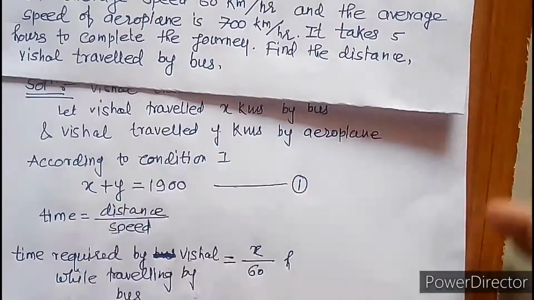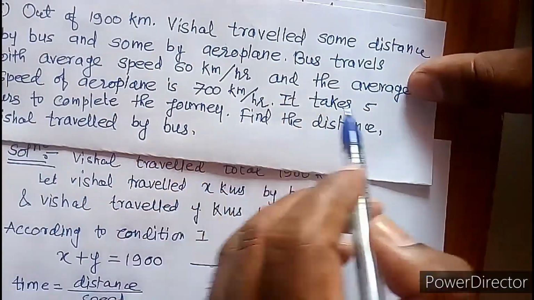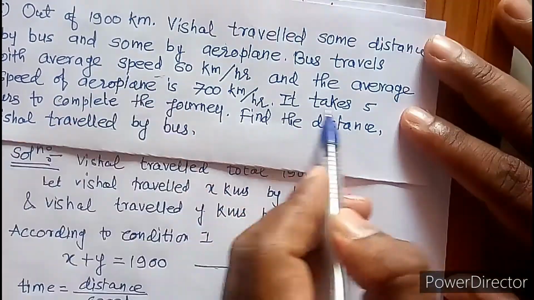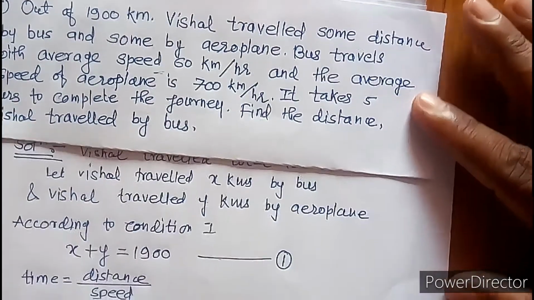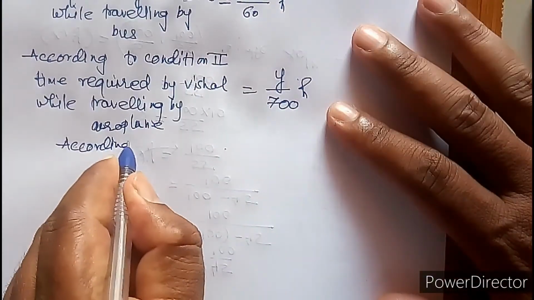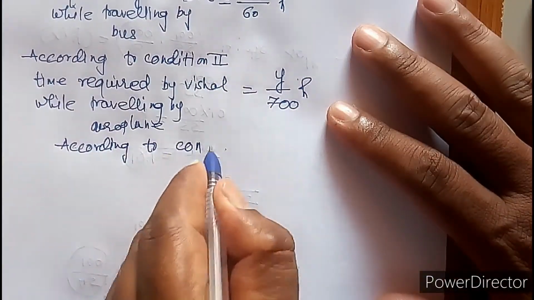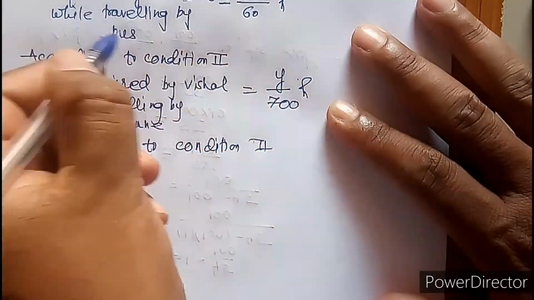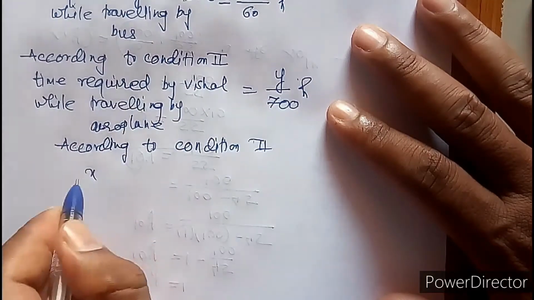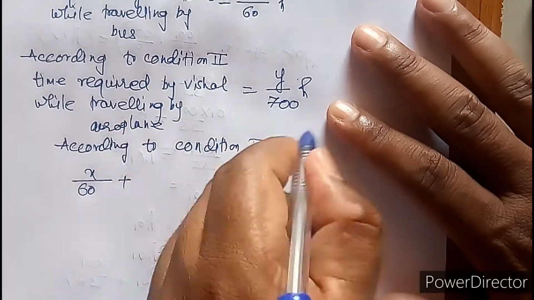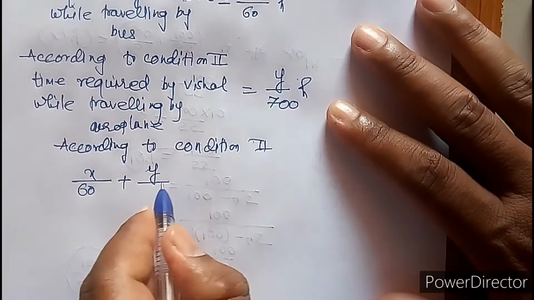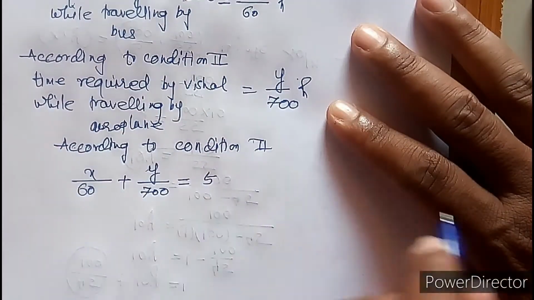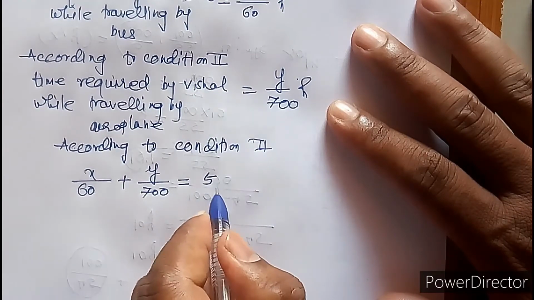But here it takes 5 hours to complete the journey. Means when he travels by bus and by plane, it takes 5 hours to complete. Then according to condition 2, the time required by bus, that is x by 60, plus the time required by aeroplane, that is y by 700, and he takes 5 hours, means the total journey will be of 5 hours.